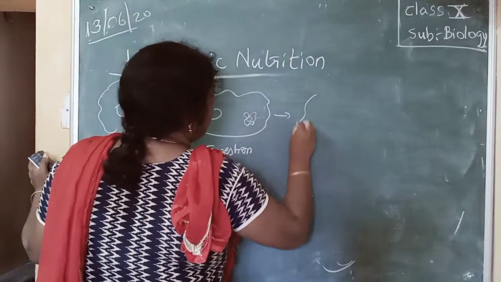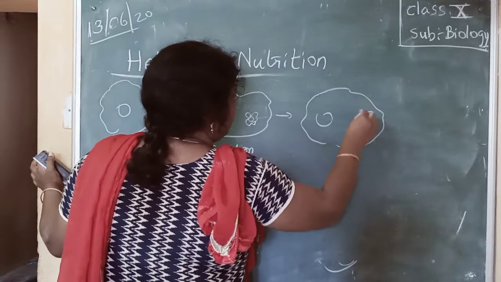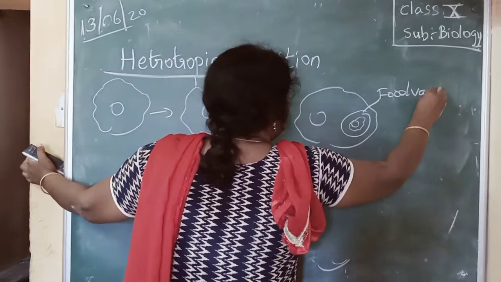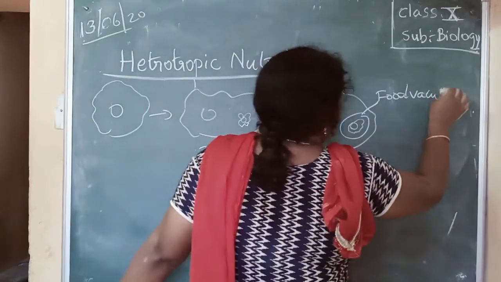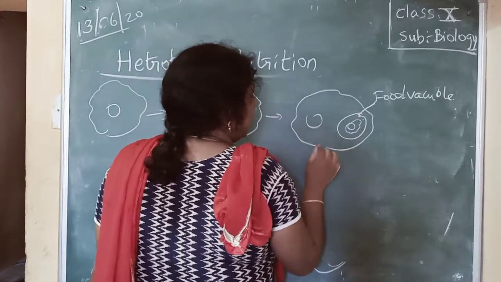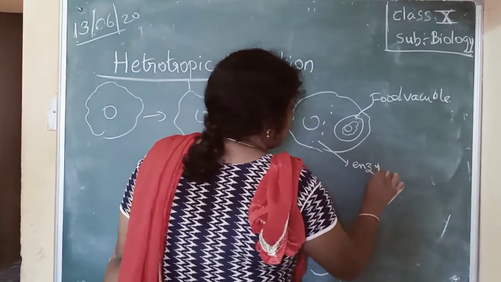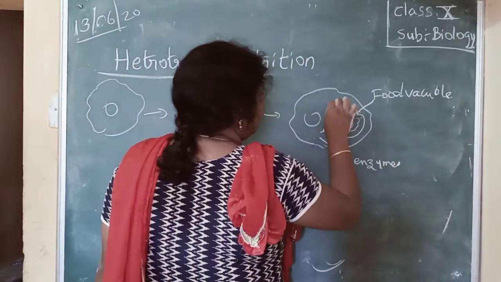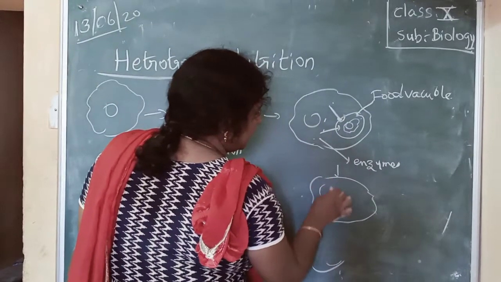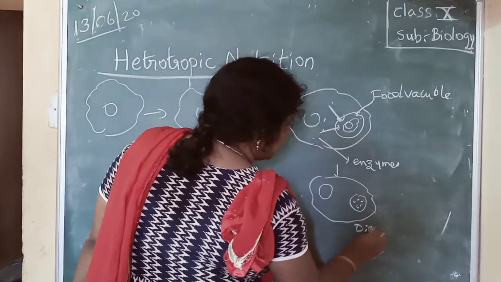Now it forms a food vacuole around the food, and some enzymes enter into the food vacuole and digest it. So after digestion, the food is broken down into smaller particles. This step is called digestion.